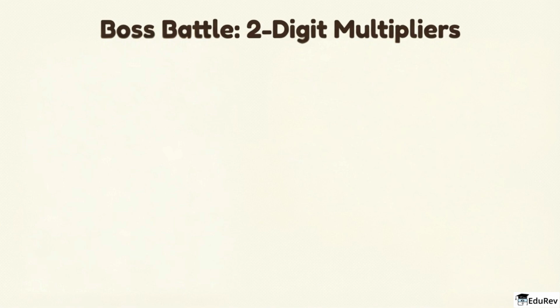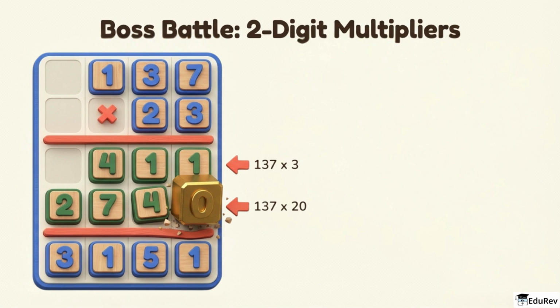Now let's fight a bigger boss, a 2-digit multiplier. Take this example, 137 times 23. We break 23 into 20 and 3. First, 137 times 3 equals 411. Then, 137 times 20 equals 2740.